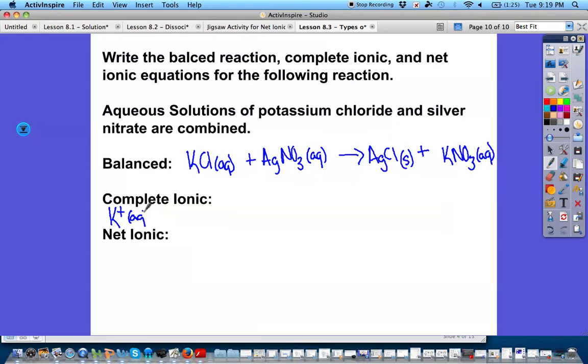So we have a potassium ion and a chloride ion, and then we're going to have a silver ion. Even though silver is a transition metal, it's always going to be 1 plus.